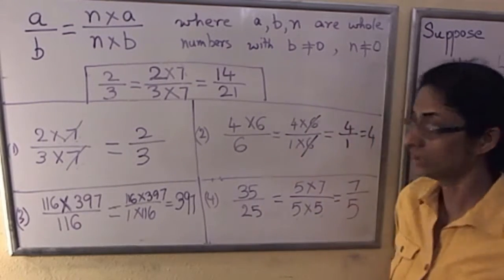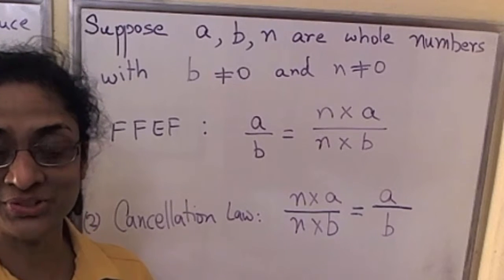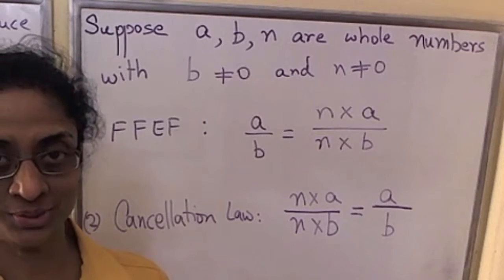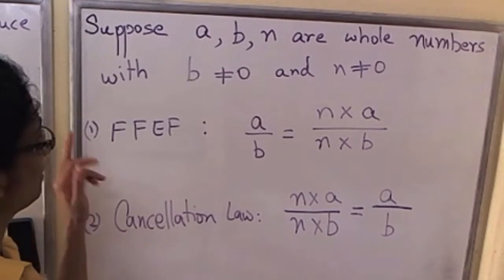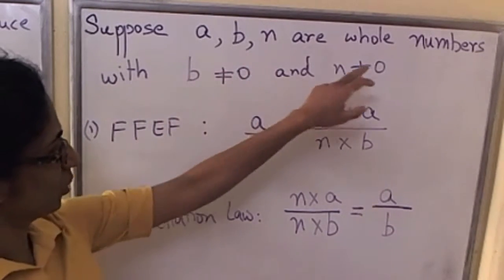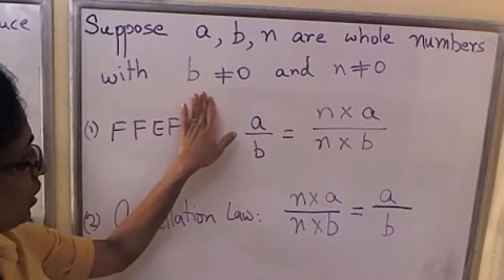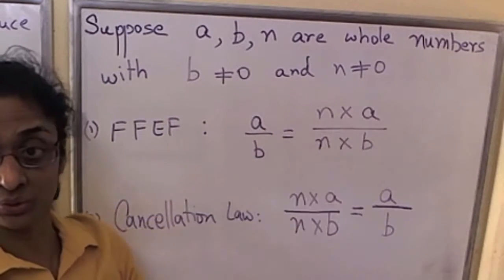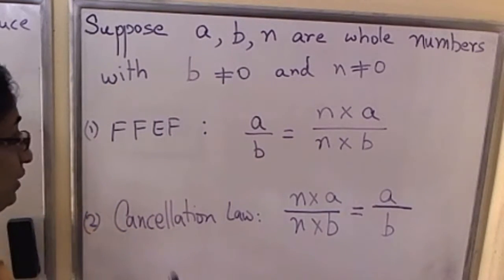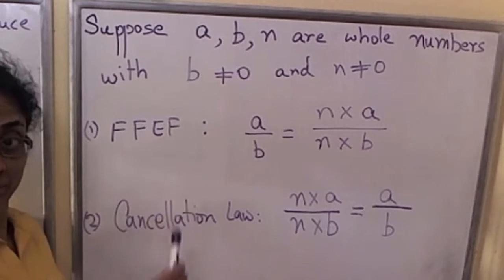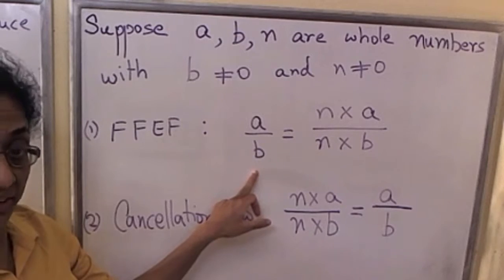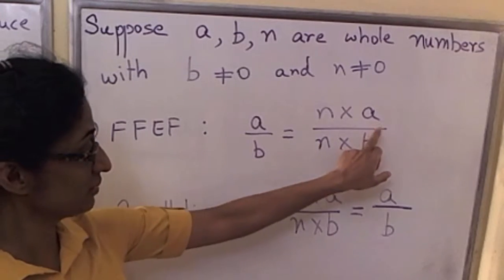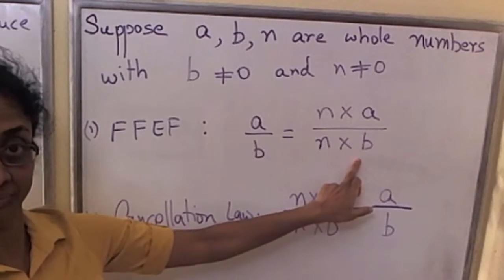And so on. So we are ready to summarize the wisdom of the examples we have done. So let's see what we have up here. Suppose a, b, n are whole numbers with b not equal to 0 and n not equal to 0. You're very familiar with FFEF, where we have the fraction a over b, and we said that's exactly the same as n times a over n times b.